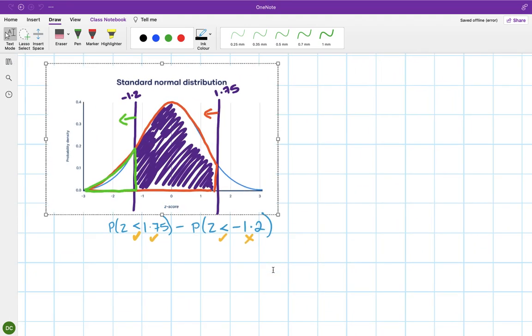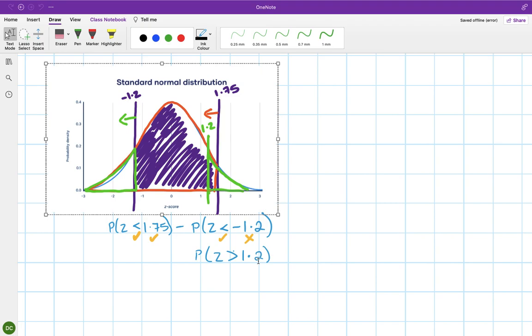So basically being less than minus 1.2, that little green section on the left, is the same as being greater than 1.2 because the diagram's symmetrical.